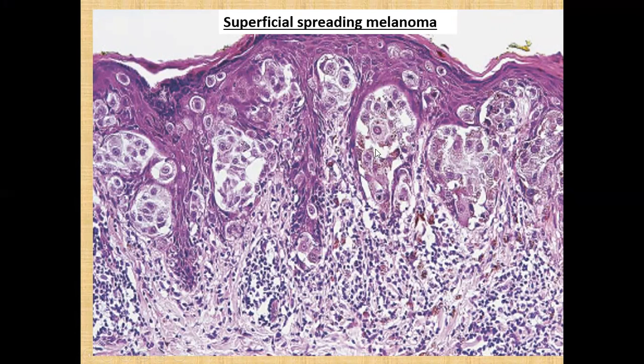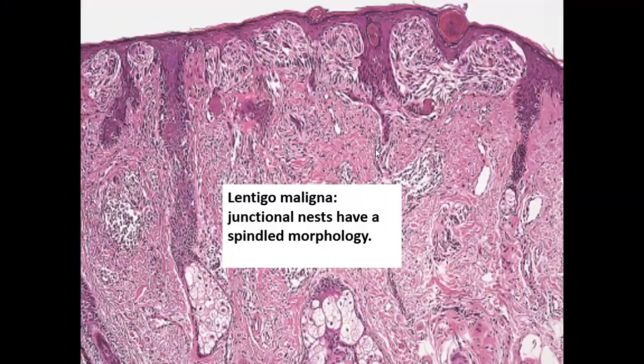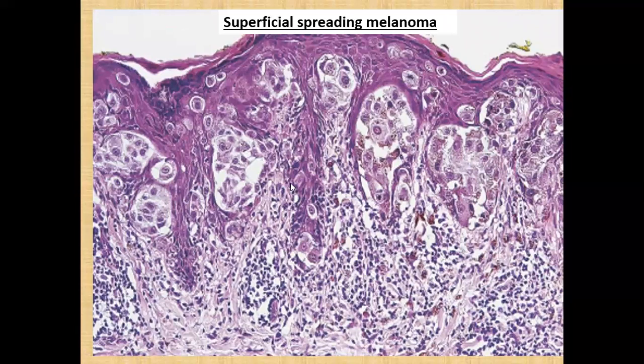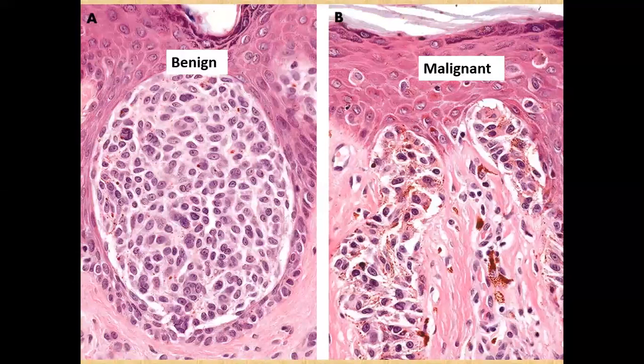Superficial spreading melanoma is different from lentigo maligna melanoma in that the nests in lentigo maligna melanoma have spindled morphology, while the nests in superficial spreading melanoma have epithelioid morphology, like epithelial cells. But these are not having any desmosomal connections with the keratinocytes.